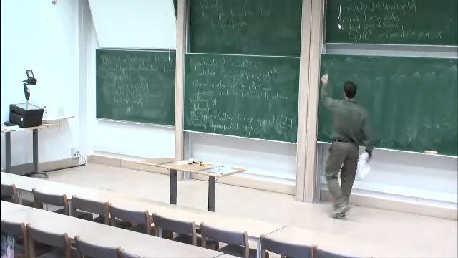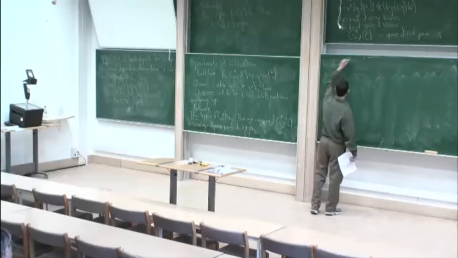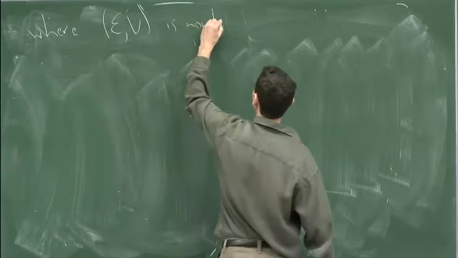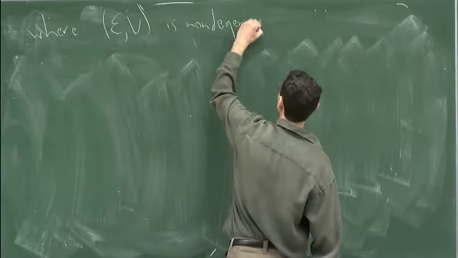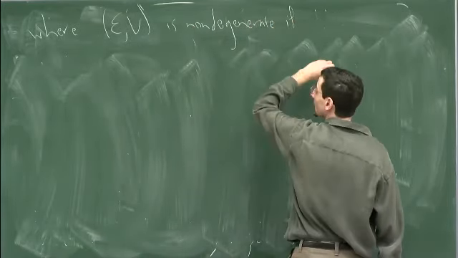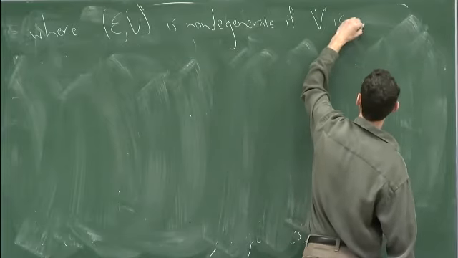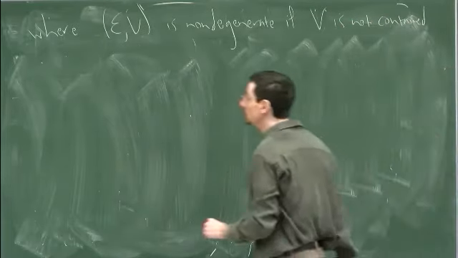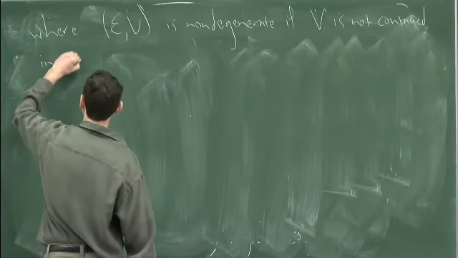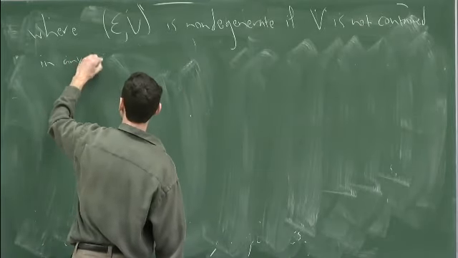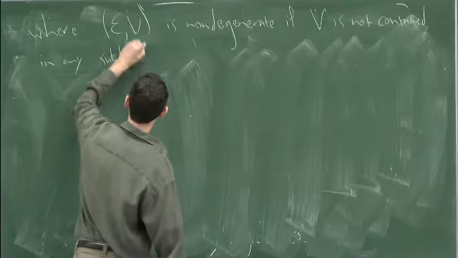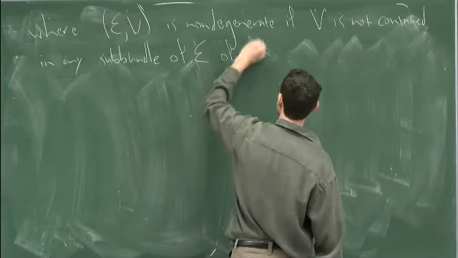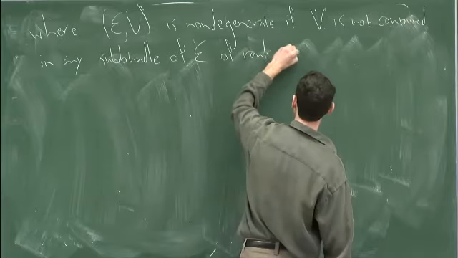Where a pair (E, V) is non-degenerate if V is not contained in any subbundle of E of rank r minus 2.